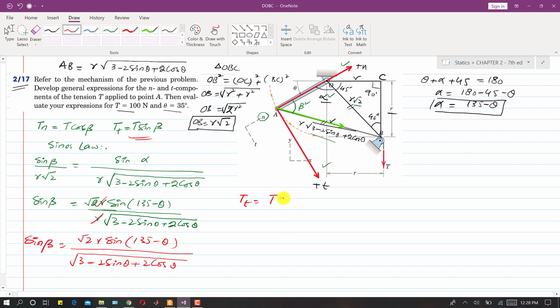So Tt equals T times the square root of 2 times sine of 135 minus theta divided by the square root of 3 minus 2 sine of theta plus 2 cos of theta.